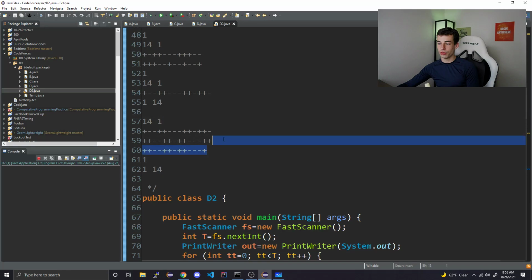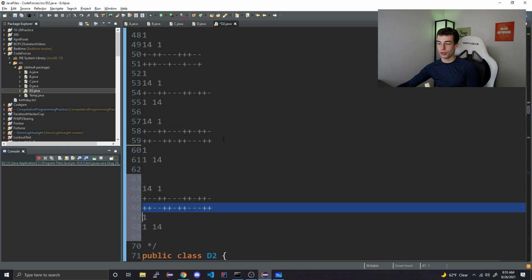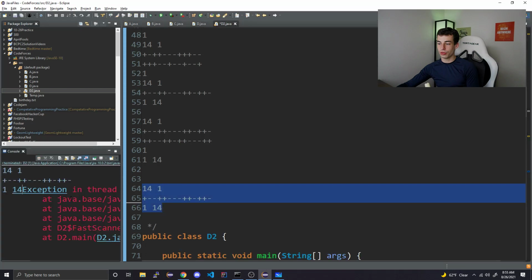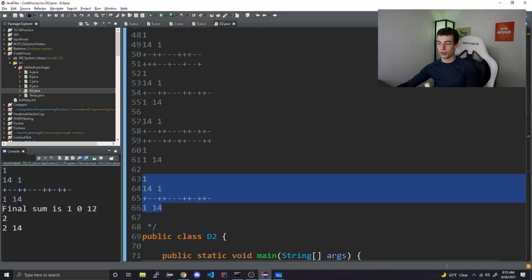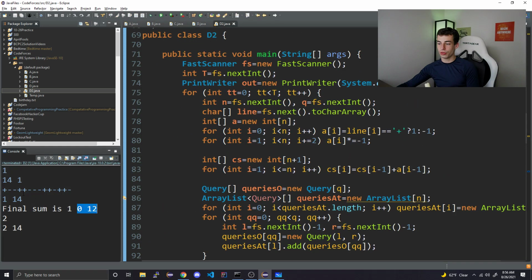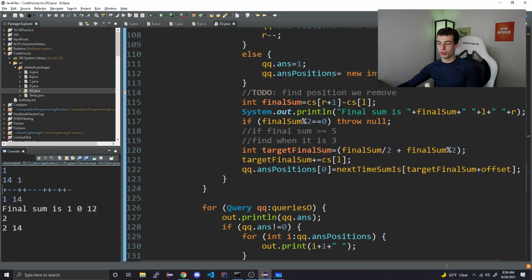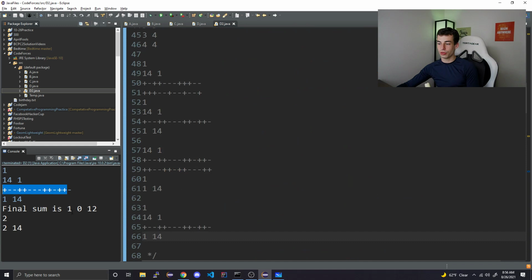I think this thing here. Final sum is 1 after we remove a minus, but that's really a plus, so it should not be 1. 0 to 12. Why is the final sum 1?